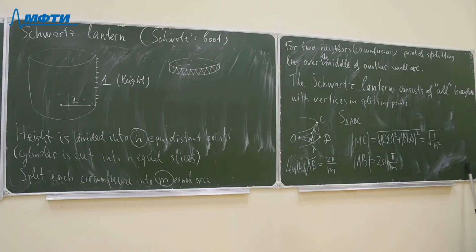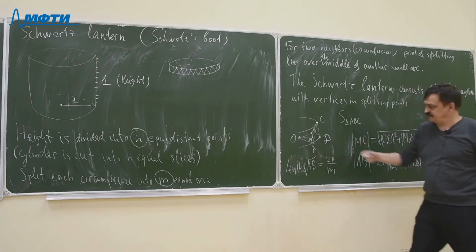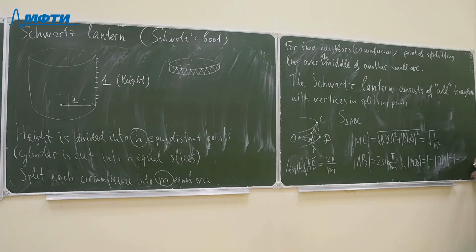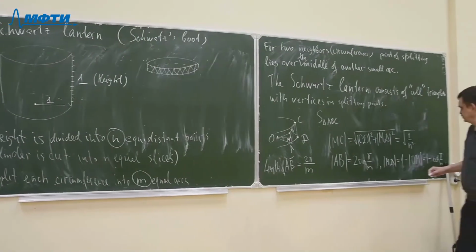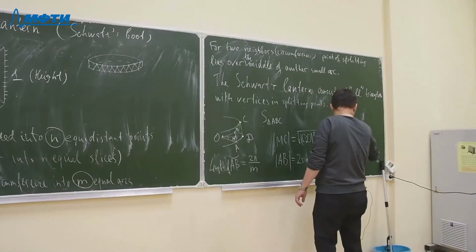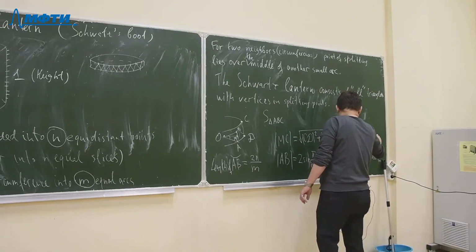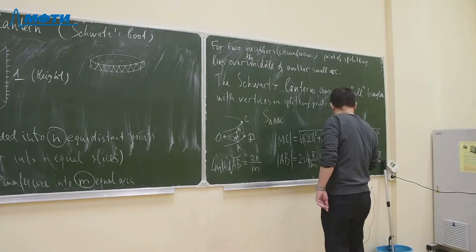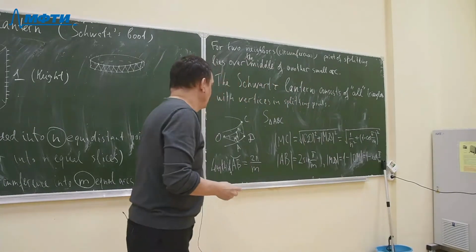What is MD? Let me compute it. MD is 1 minus OM, and OM, from the same triangle, is cosine pi over m. So MD is 1 minus cosine pi over m. That is MC.